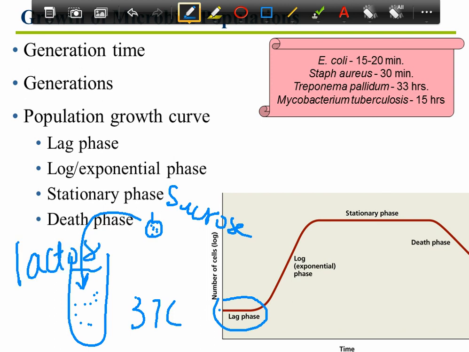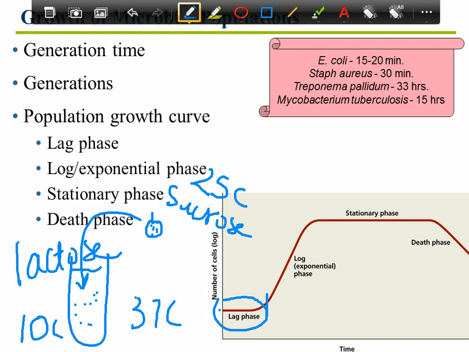So they have to actually make an enzyme to break down lactose because they were using a totally different sugar in the other medium. So that takes some time to read some genes to get the enzymes to break down lactose, or maybe the temperature is different. Maybe the temperature of this medium was 25 degrees, where that culture came from, and this new medium has just come out of the refrigerator and it's cold and it's at 10 degrees. So there may be a temperature adjustment. For whatever reason, it's called lag phase.